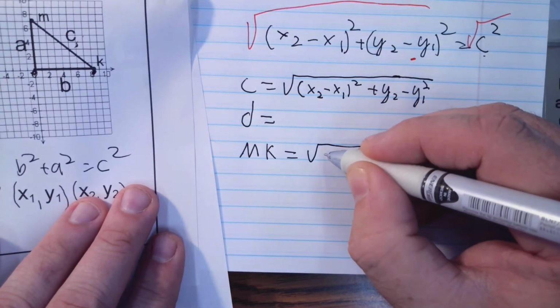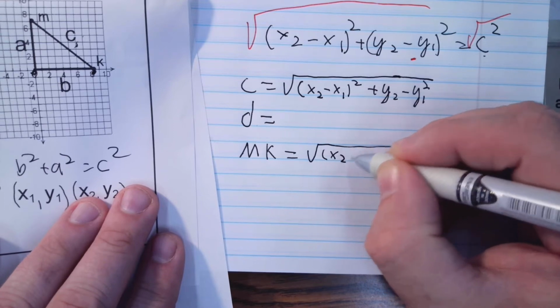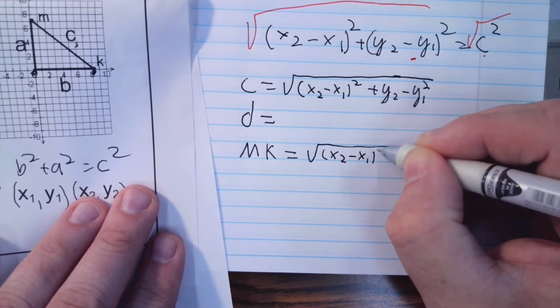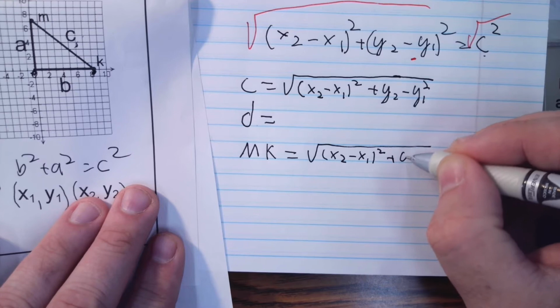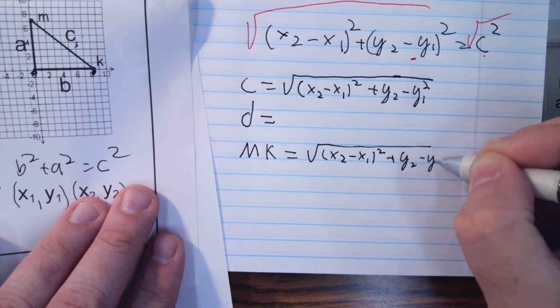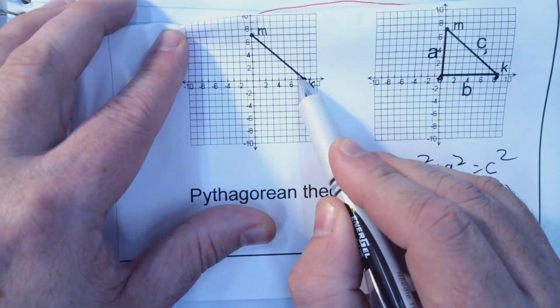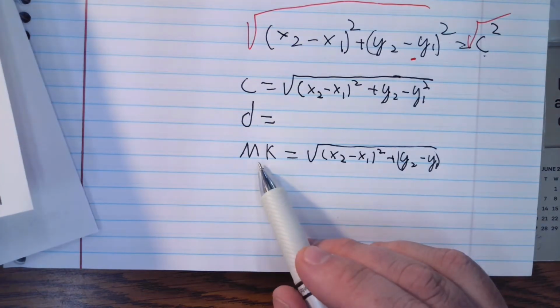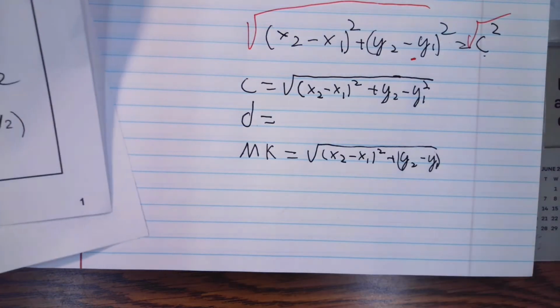In your book, we're going to do this. Why did I use MK? Where would I get MK from? The graph? This literally says the distance between M and K, right? That's the distance between M and K. So let's go ahead and try this.